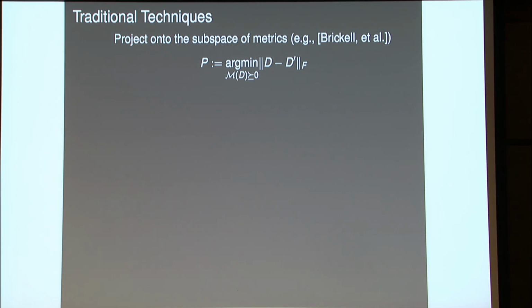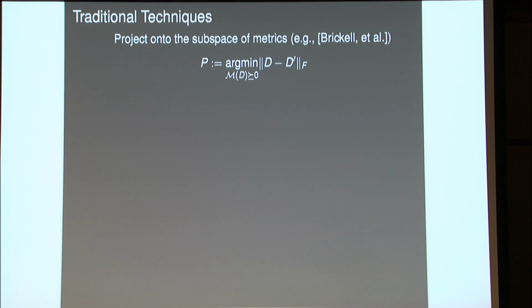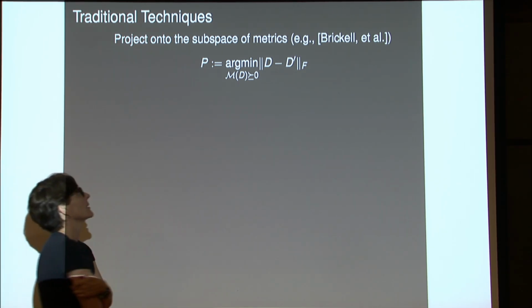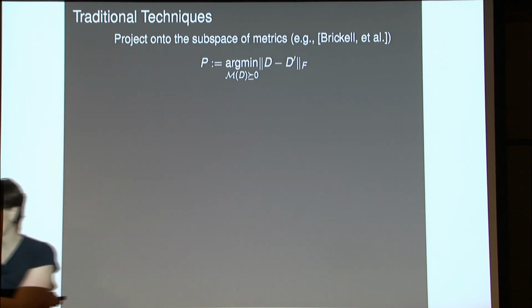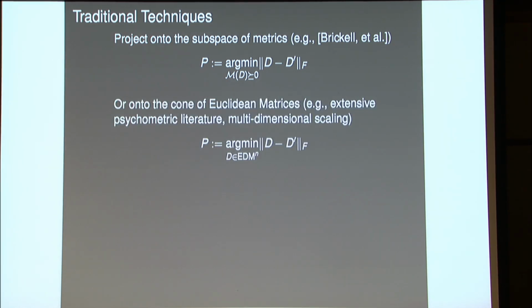This problem was originally called the metric nearness problem by Brickell et al., about 2007. They said, give me the nearest metric that minimizes the L2 norm, or the Frobenius norm. So small in the L2 sense. In other words, project onto the subspace of metrics. You could also ask to project onto the cone of Euclidean distance matrices.